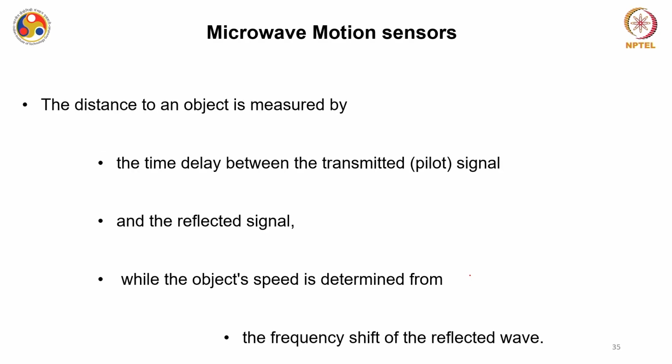The distance to an object is measured by the time delay between the transmitted signal, which is also known as the pilot signal, and the reflected signal. The object speed is determined by the frequency shift of the reflected wave.